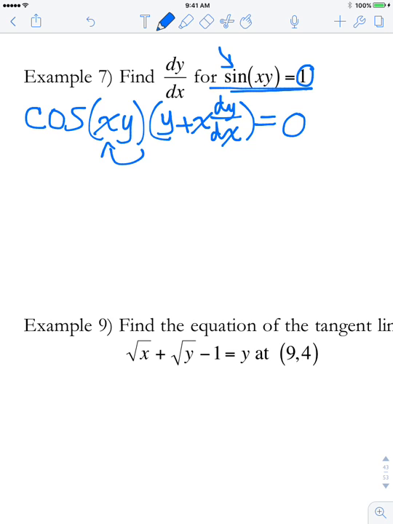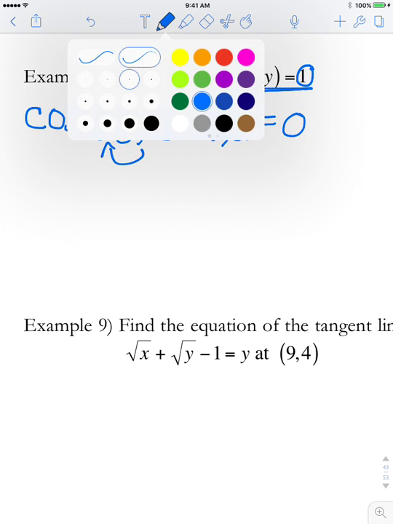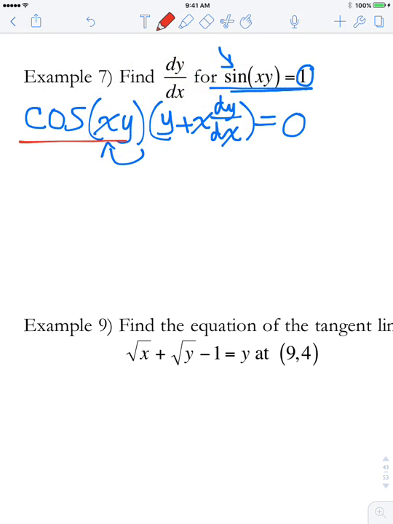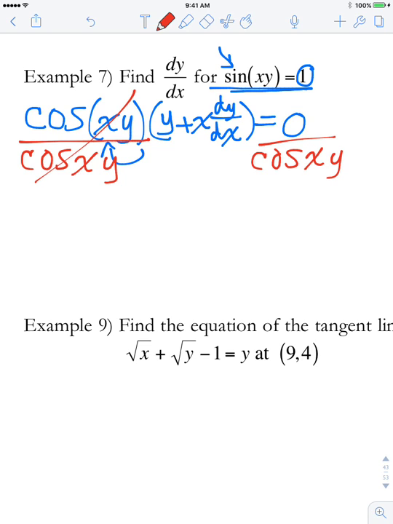Okay, so now we're going to solve for dy dx. This is no longer a calculus problem, it's an algebra problem. First thing I'm going to do is divide both sides by cosine of xy, because I want to get dy dx by itself. So these cancel out, and 0 over everything is just 0. So that made that very easy.